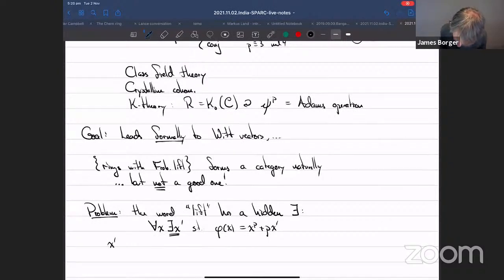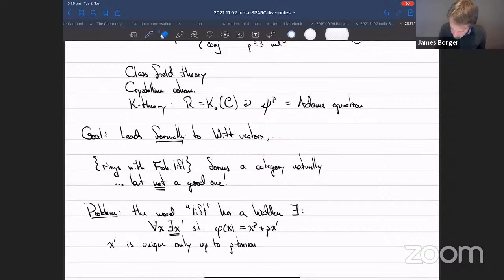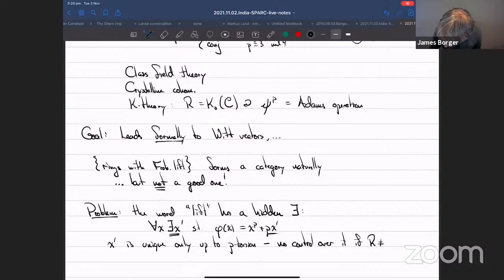And so the x prime is unique only up to p-torsion. Kind of obviously, right? If you add to x prime any element which is a p-torsion element, then this equation will still hold. And conversely, if you have two different x primes that both satisfy that equation, the difference between them will be a p-torsion element. But this was a big problem for us because we have no control over it if our ring R is not p-torsion free.